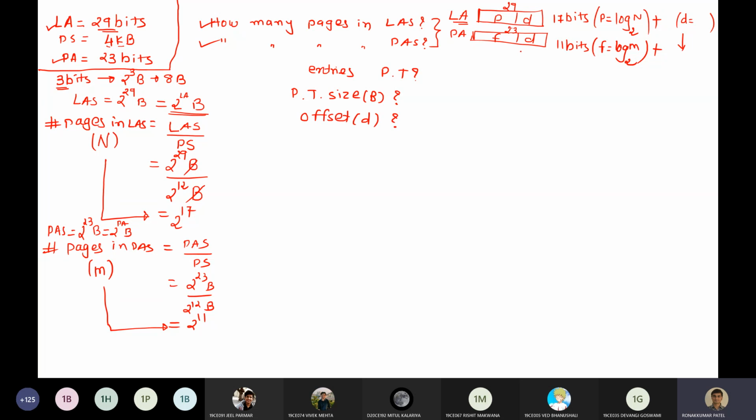So your page is a collection of what? Number of lines. Lines. It's similar to a block, right? That is mostly used when you studied CO and computer architecture. It's similar to a block.